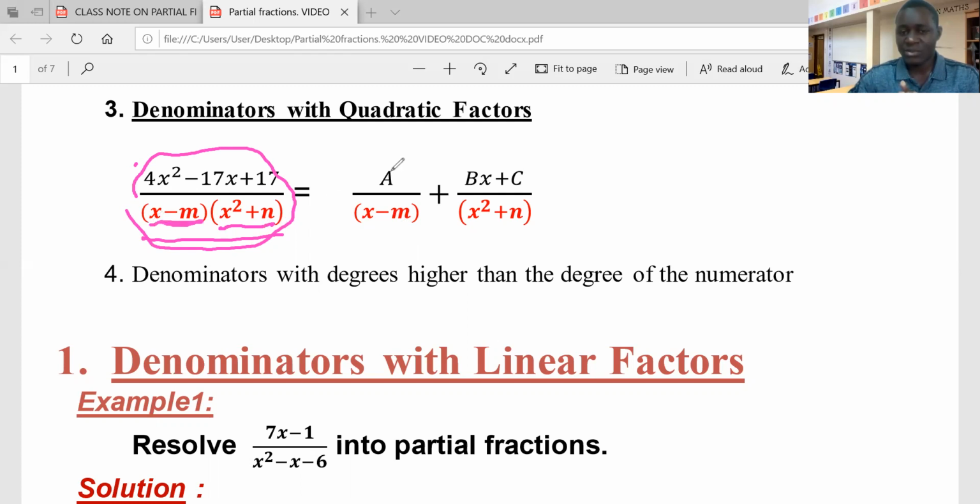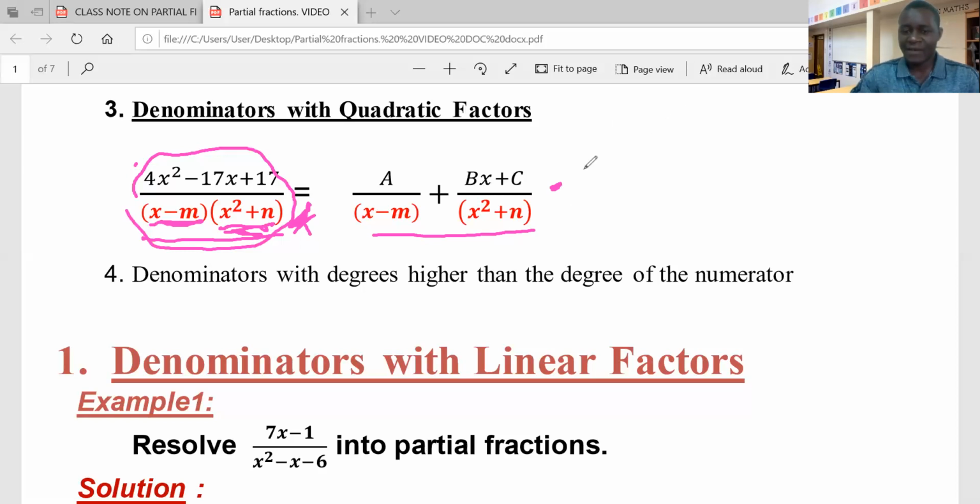So that's what gives us the A over x minus m. The other part that has the quadratic factor will be written in this manner: Bx plus C over x squared plus n. That would be the form of the decomposition for a fraction or a rational function of this kind, to give us its partial fraction on my right-hand side.